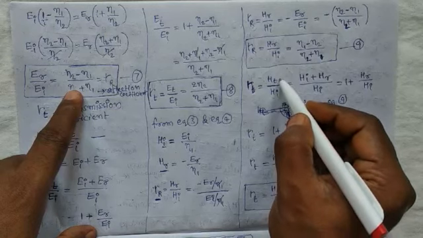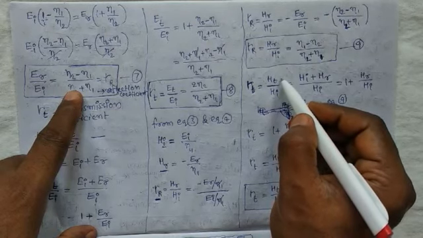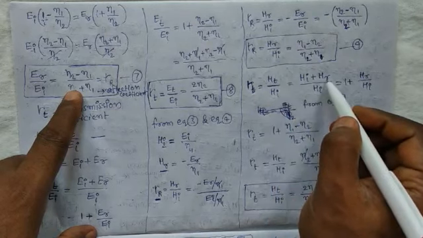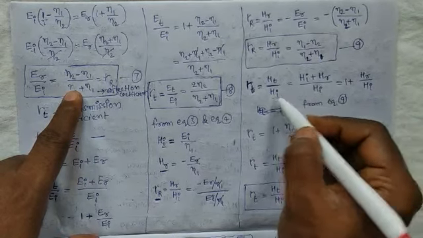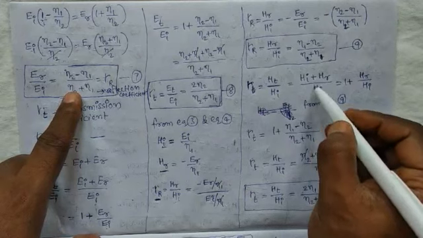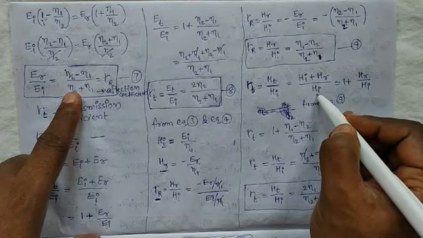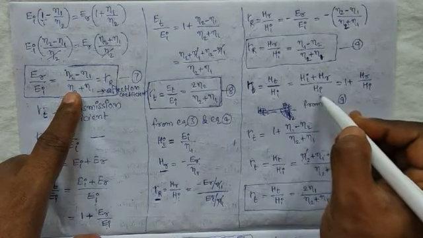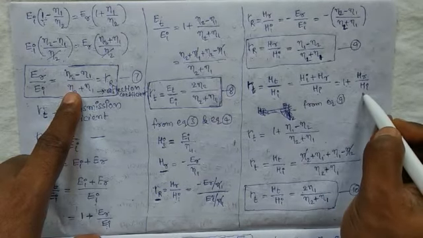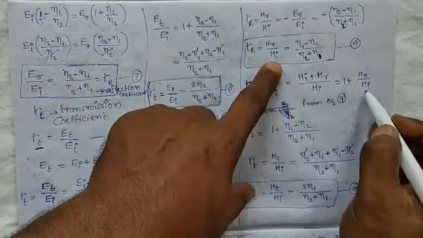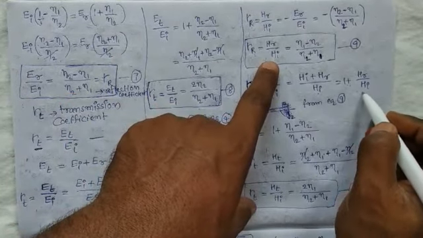Here already we know HT is equal to HI plus HR, divided by HI. Here we are dividing the numerator with HI. HI by HI means 1, plus HR by HI, which is the reflection coefficient.